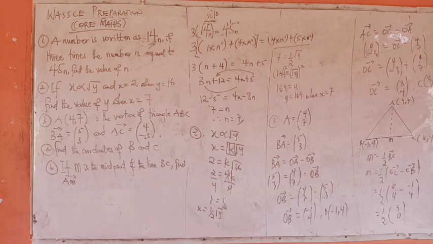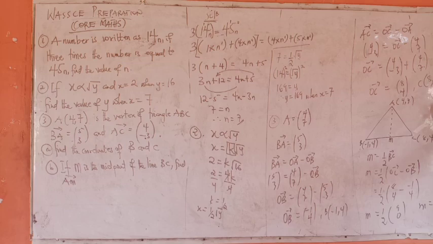So M now becomes 1 over 2 of the 9, and 1 over 2 of the 0, which would be (4.5, 0). So M is the midpoint of the line BC, and we have to find AM.